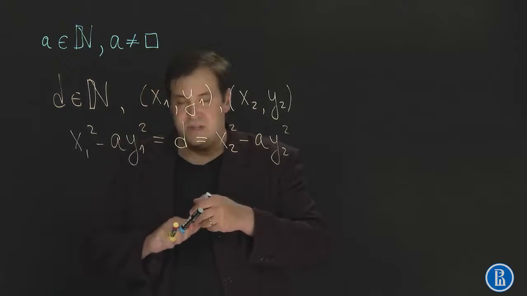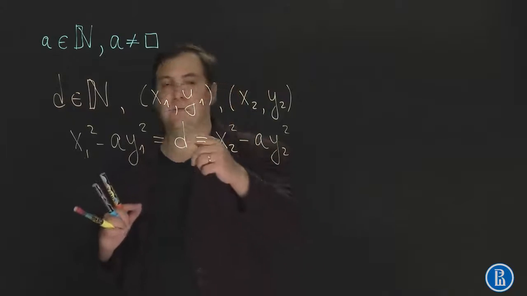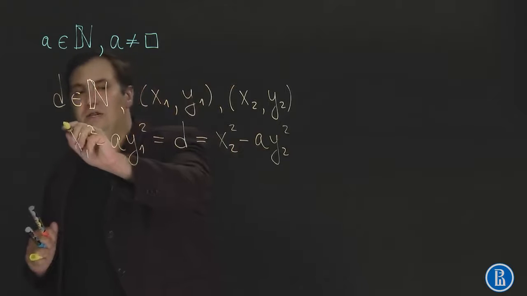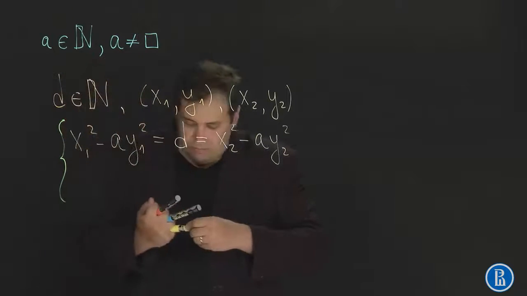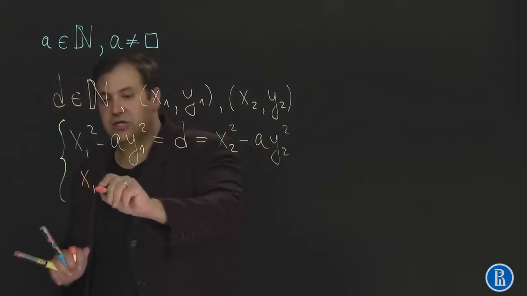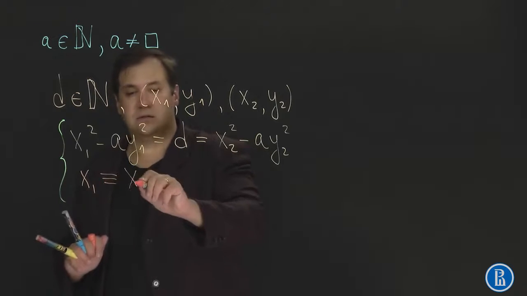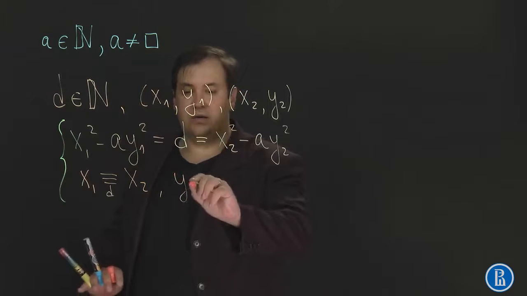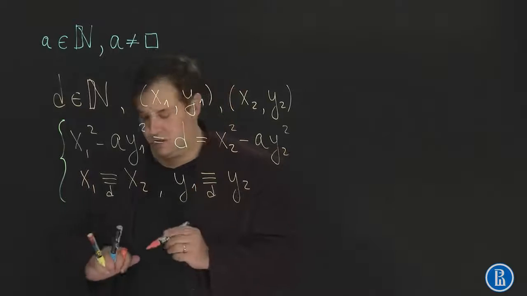So both of these norms are equal to each other and they're equal to d, but this is only the first condition. The second condition also is about d, and the second condition is that x1 is congruent to x2 modulo d and y1 is congruent to y2 also modulo d.